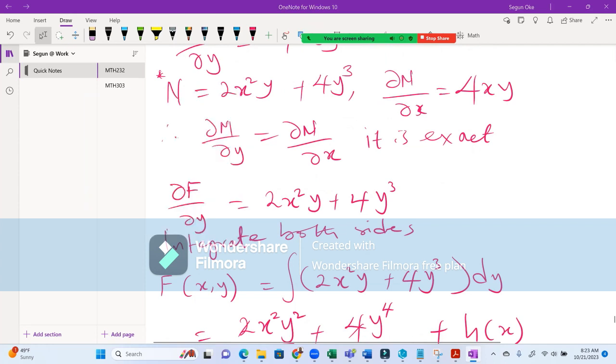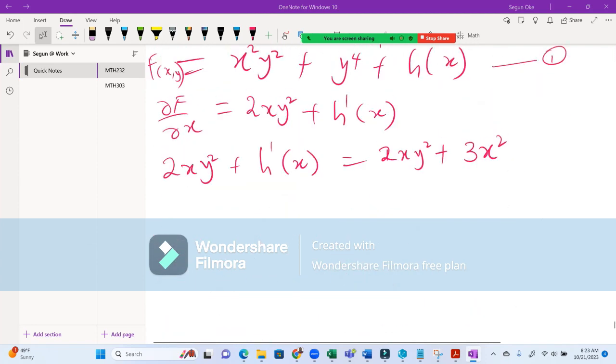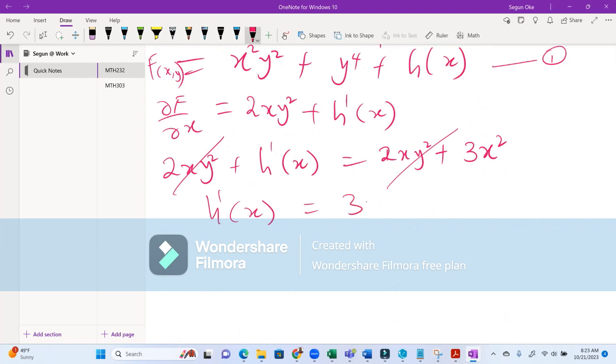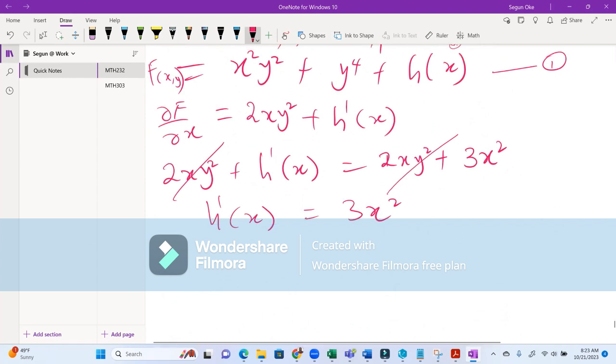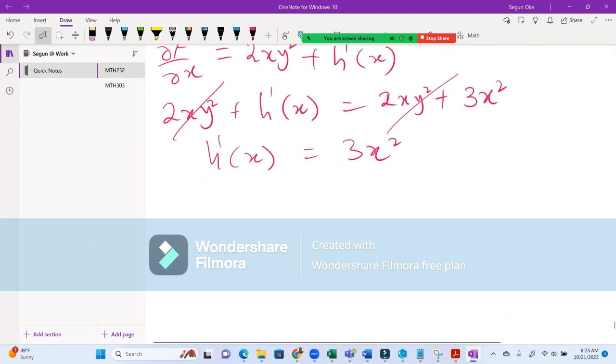Now we are looking for h prime. This goes with this, so our h prime of x will equal 3x squared. We don't need h prime, because from equation 1, we only need h. How do we get h out of this? Integrate both sides.